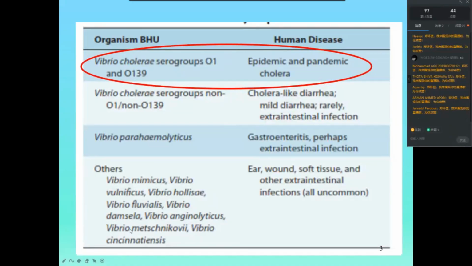There are a lot of species in the Vibrio genus, but we'll focus on Vibrio cholerae. Vibrio cholerae is the pathogen of cholera, which was once one of the major threats to human life.